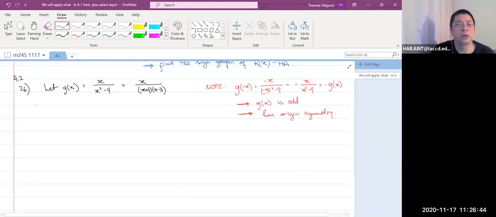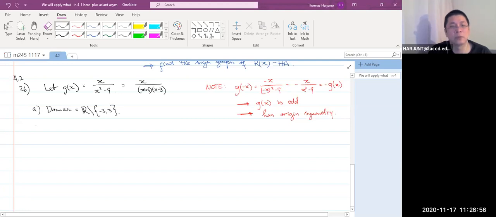Okay, now part A, what is the domain? You need to factor it first. It's all real numbers except -3 and 3. And then part B, how about the y-intercept? The y-intercept, you will see that it is (0, 0). Likewise, the x-intercept is also (0, 0).